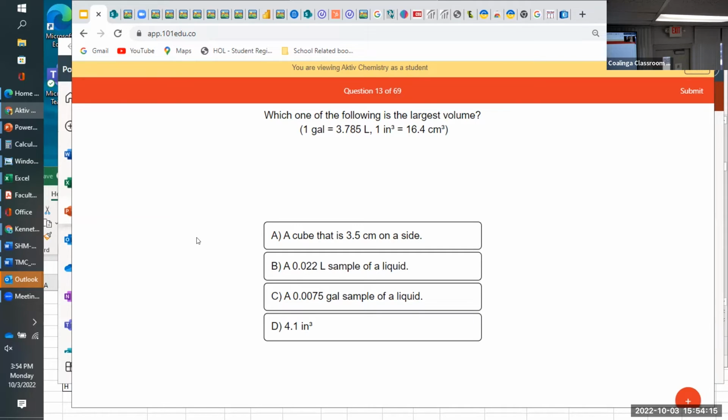Yes, it's D. So D as in donkey. How many of you believe it's D?